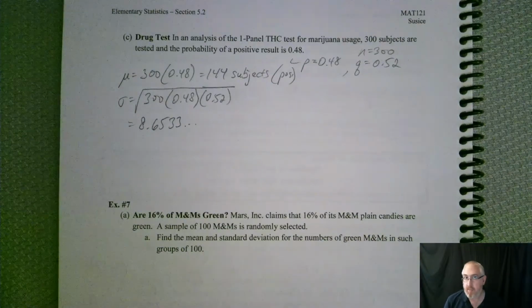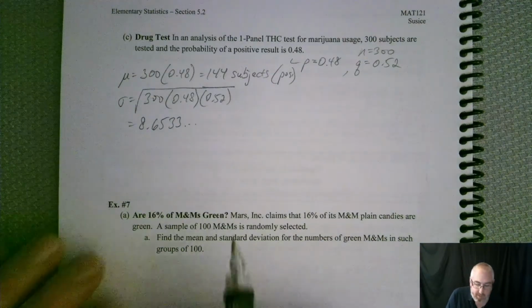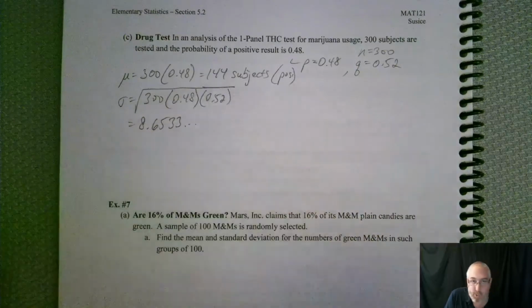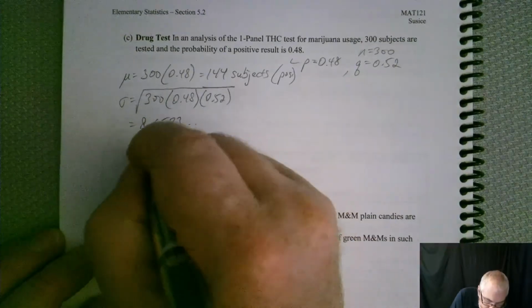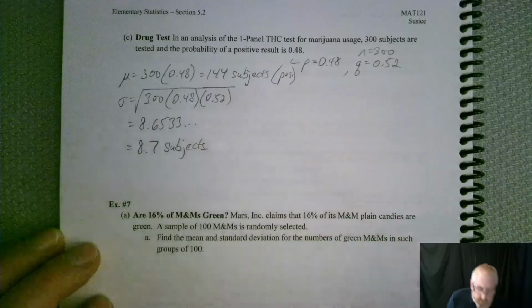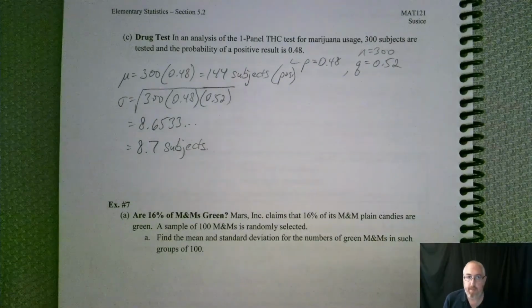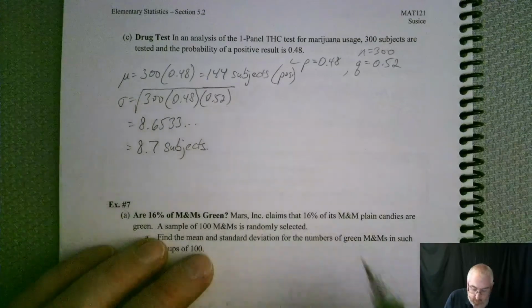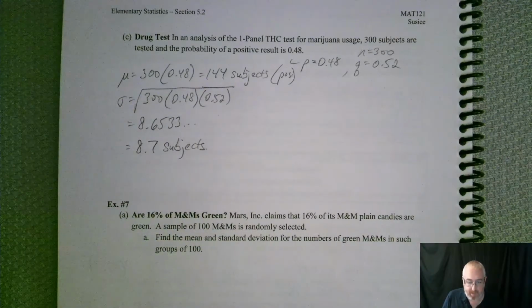So same question, what should we round it to? Well, no decimal points. Let's go 1. 8.7. So 8.7 subjects. All right, so now we can get our min and max.